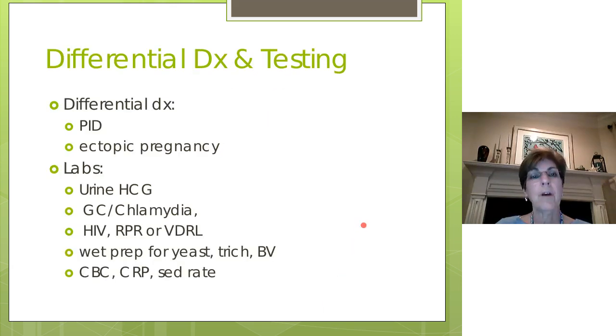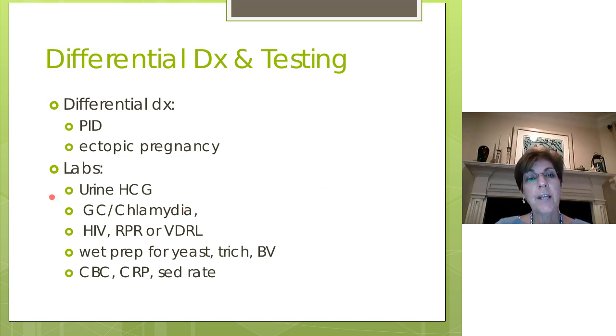Okay. So, differential diagnosis, or she could have an ectopic pregnancy. She's got unprotected sex, and she's got adnexal tenderness. You always have to rule out ectopic pregnancy when anybody has the capability of getting pregnant and adnexal tenderness and cervical motion tenderness.